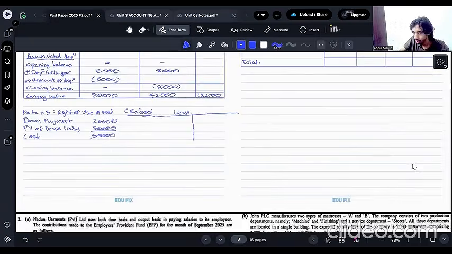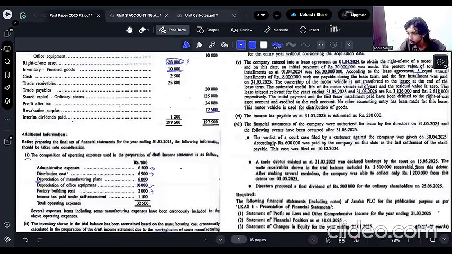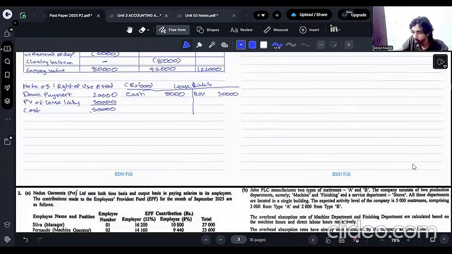Lease liability. So right of use under lease liability, we have taken 30,000. We have paid the installment in cash 8,000. This installment includes interest expense. The interest expense included in the installment for this year is 3,126.